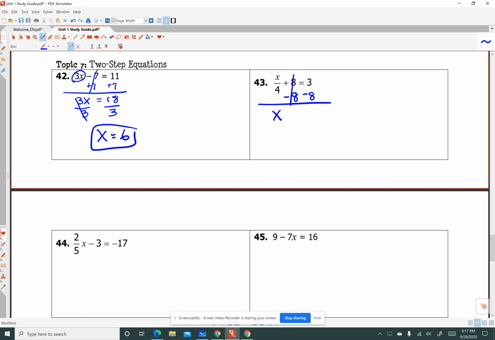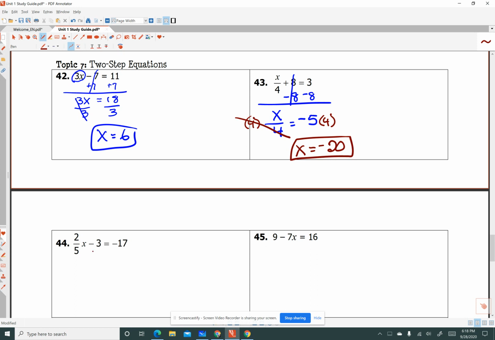Now we have x divided by 4 equals 3 minus 8 is negative 5. So now we change the color, and we're going to multiply both sides of that equation by 4. And those will cancel. We have x equals negative 5 times 4 is negative 20. That is a final answer.